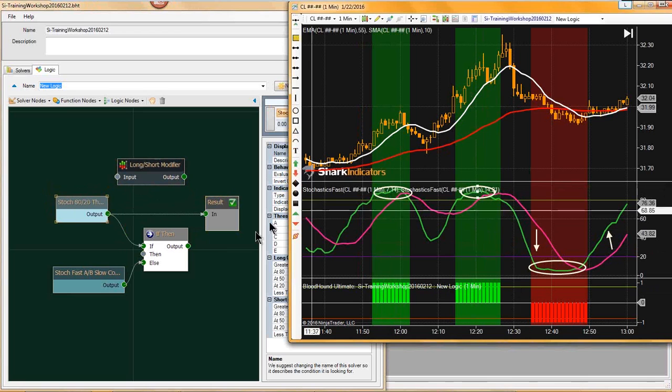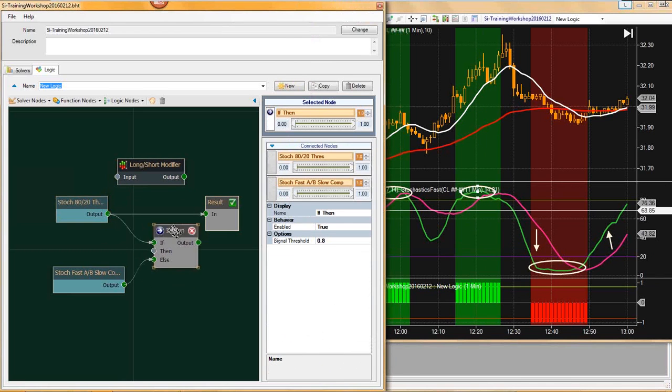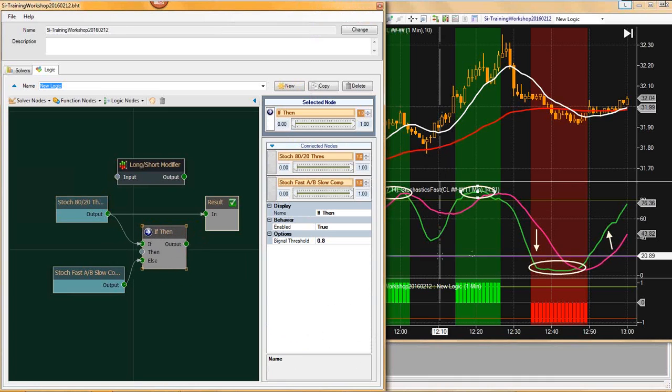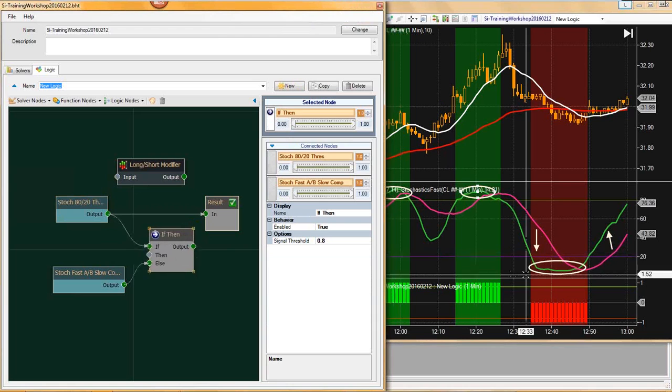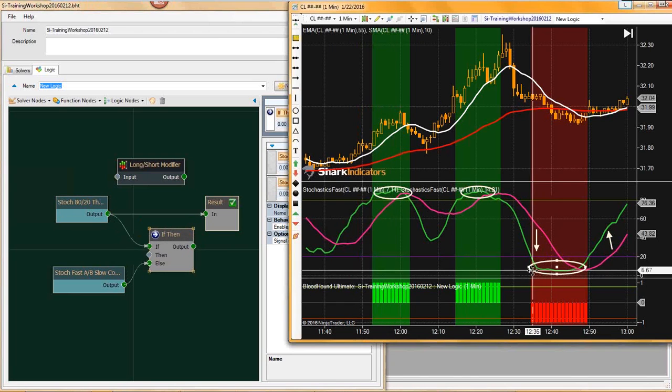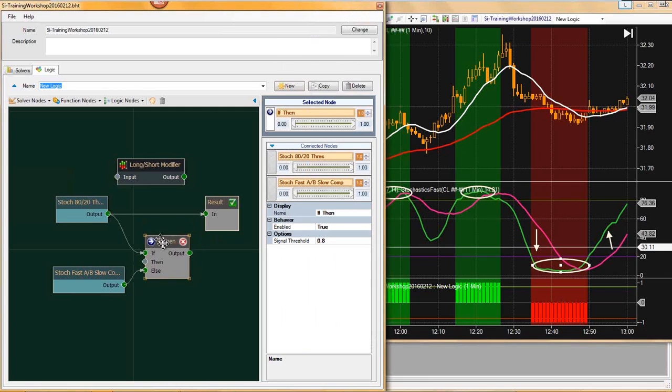When it gets a long output, it controls the long switch in the if then node correctly, but it doesn't control the short side switch correctly. And the same thing when the stochastics is oversold here: the short switch is moved correctly, but the long switch is in the wrong position.